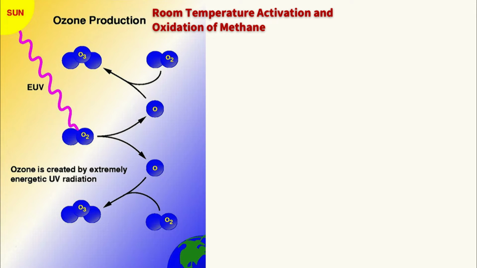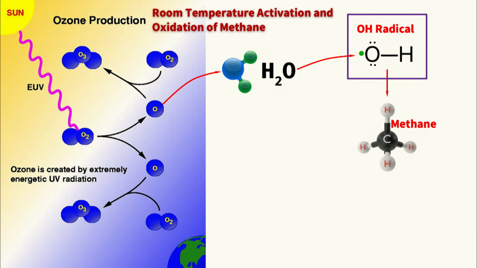The oxygen atom is highly reactive because it's a single atom moving around. It's trying to find a pair. So these oxygen atoms can collide with oxygen molecules and form ozone back again. Once in a while, it collides with a water molecule and reacts with it. And there are enough water molecules in the atmosphere to form what is called an OH radical.